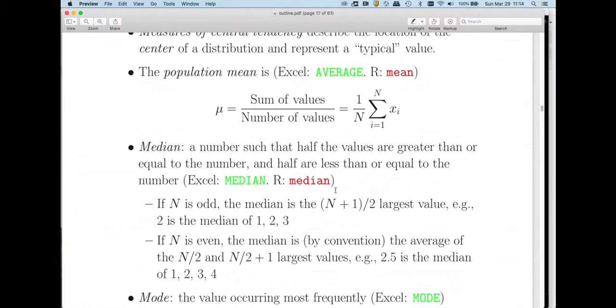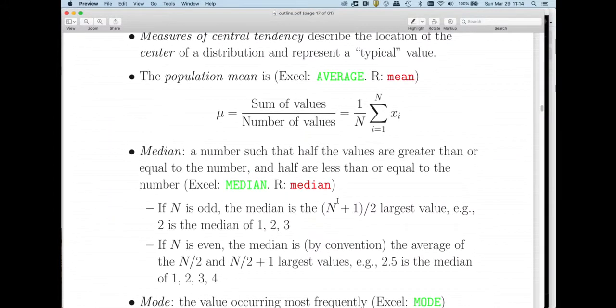So as a quick example, let's say I had a list of data consisting of the values 1, 2, and 3. So where is the value that separates this into halves? Well, the value is 2, because half the values are less than or equal to it, and half the values are greater than or equal to that number, at least half the values.